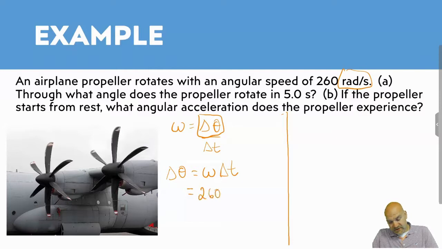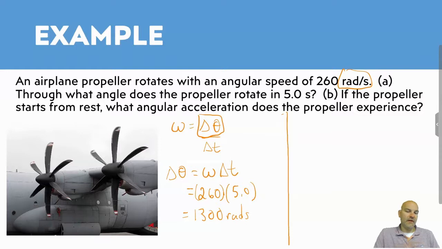It's going to be 260 radians per second times 5 seconds, and that gives us an angular displacement of 1,300 radians. If you wanted to put that in degrees, 2 pi radians is 360 degrees. But again, in physics, our SI unit for angular motion will always be radians.